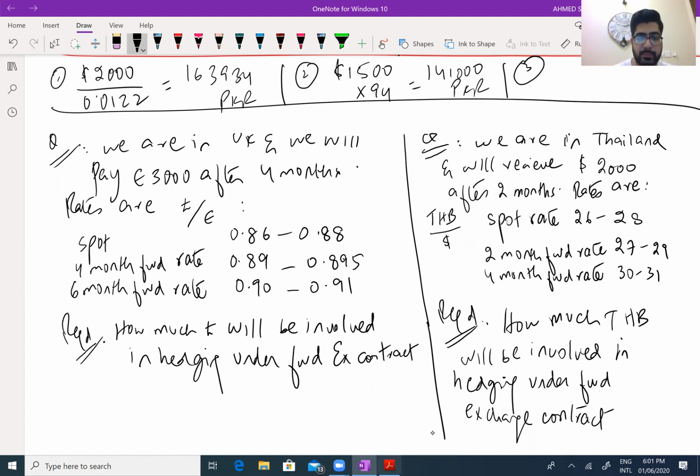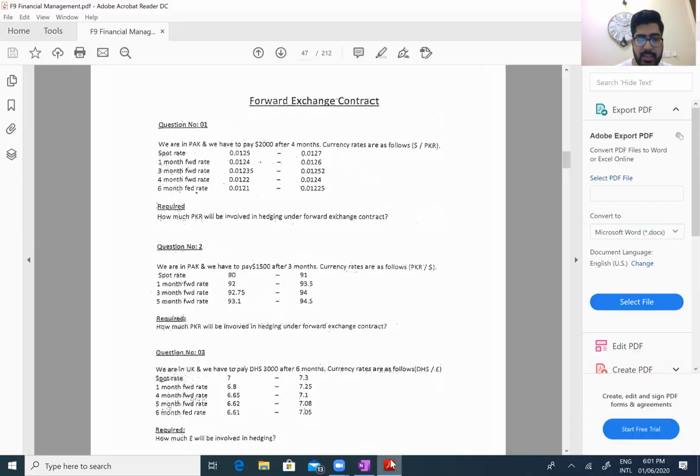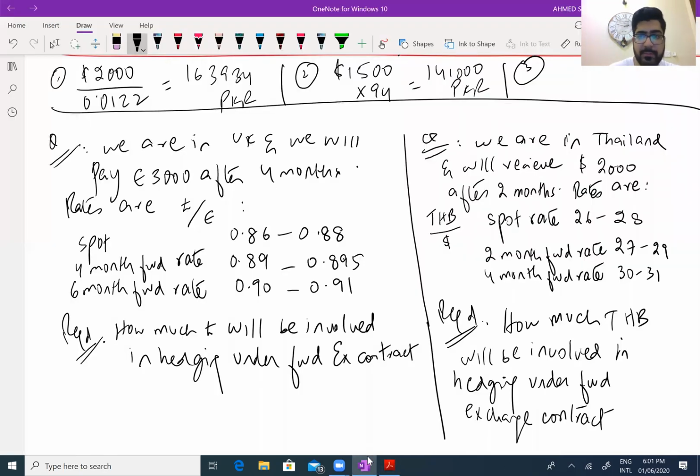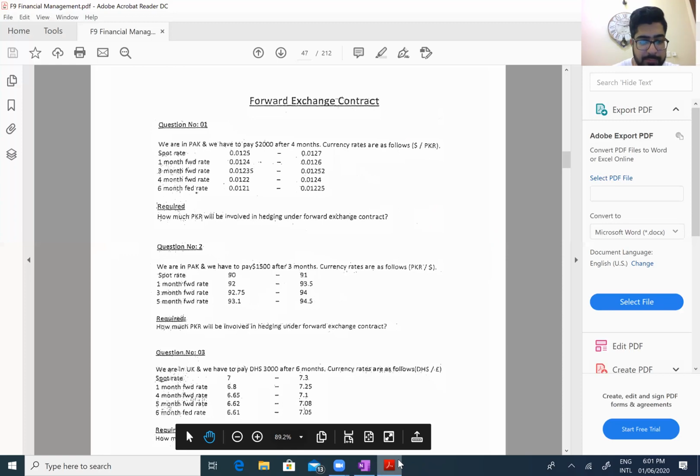And question number 3. You see, it's just easy if you know the rules. We're in the UK, we have to pay 3,000 dirhams after 6 months. Only highlight 6 months. Rates are dirhams over pounds. You're in UK, pounds is in the denominator, indirect quote, division, lower is buying, higher is selling. You have to pay 3,000 dirhams. Multiply or divide? It's an indirect quote. Divide.